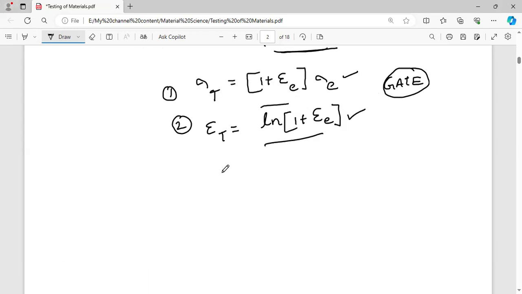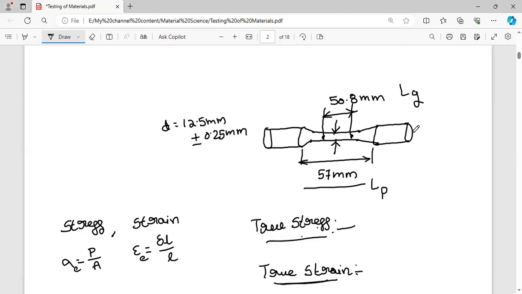Next, another thing is percentage of elongation. If you observe this diagram and apply the tensile load, initially the specimen has some length L0, the original length.